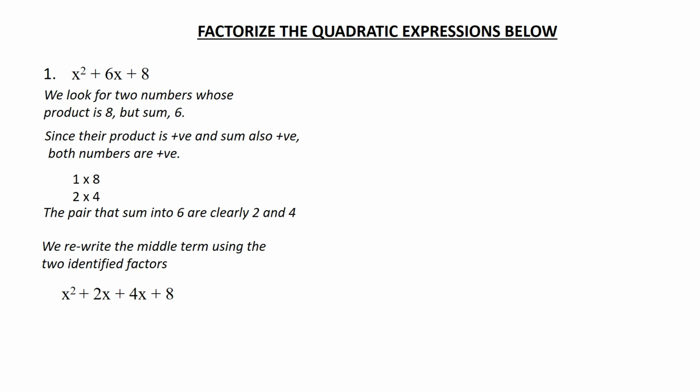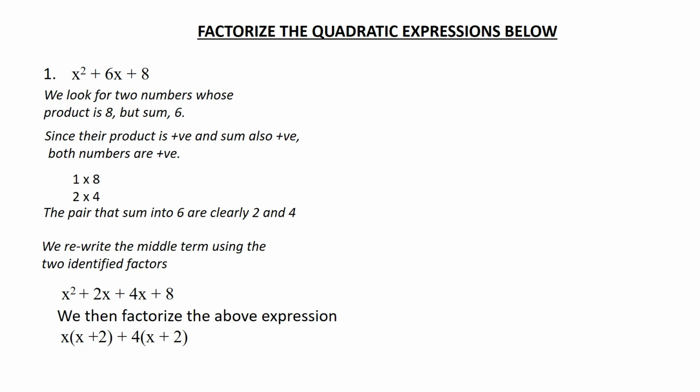We factorize the first two and factorize the last two. For the first two, the common term is x. So we put it outside the brackets, and so we remain with x into x plus 2. For the last two, 4x and 8, the common term is not 2 but 4.